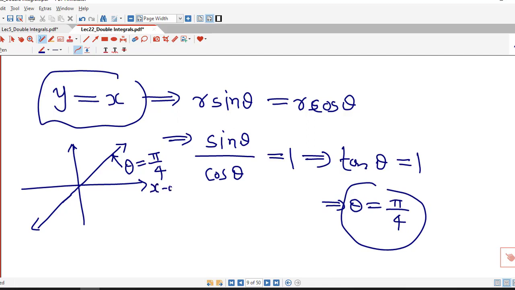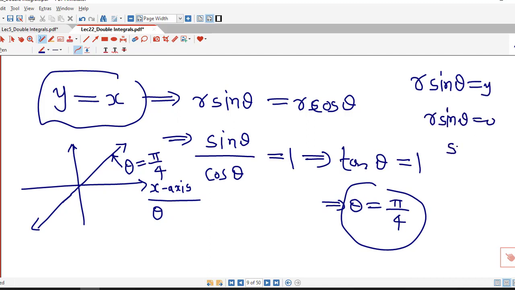Similarly, we know that on the x-axis y is 0. So if we use y equal to r sin theta, y is 0, so r sin theta is 0, that means theta equal to 0. So the x-axis can be represented by theta equal to 0.